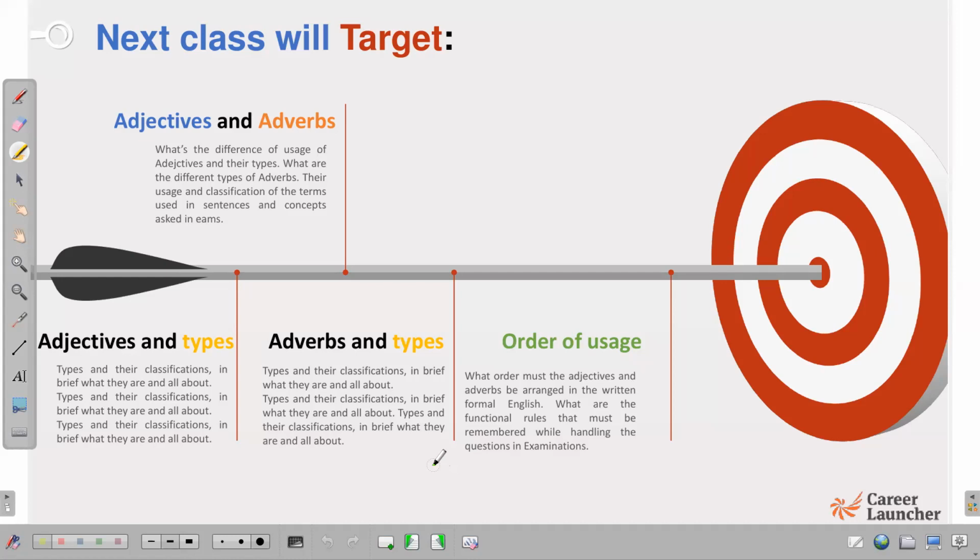So just be prepared, but rest assured there will be no very difficult questions, because the concept itself is very broad, and adjectives and adverbs are often confused with each other. So they will not give you a very deep question on the concept. I've prepared a very light sheet, but you should know all the types of adjectives and their usage, and that is what we're going to discuss in the next class. So order of usage as well, which is where I'm preemptive that there might be a question in a couple of years.